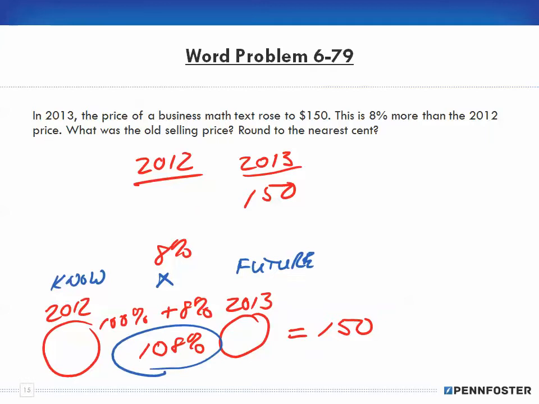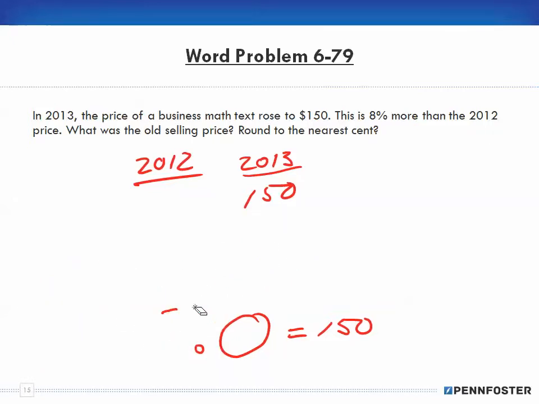But if we know the future year and we want to find the past year amount, we divide by the percentage. Go back to the previous videos, especially the one on 6-77. That explained it in a different take.